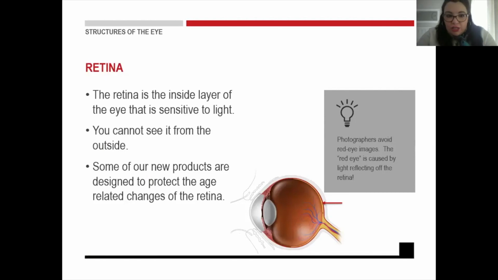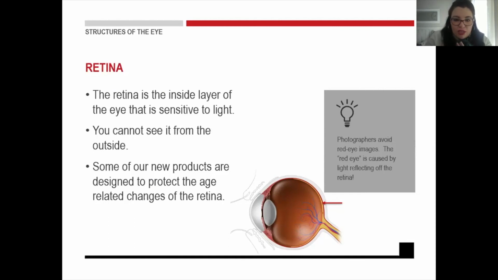Now the next structure is the retina. So I want you to think of the retina as a screen at the back of the eye. If you went to the movies, then you've got a projector, and the image of the movie is projected on a screen, and that screen can be compared to the retina of the eye. So that screen is where your vision is going to play off.